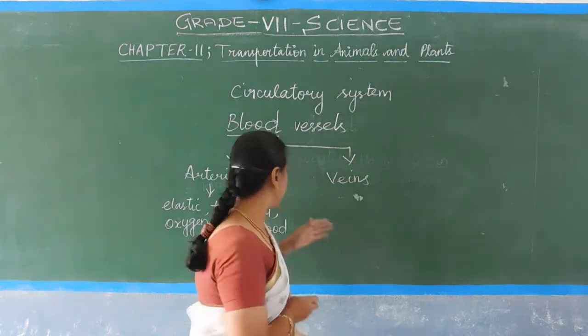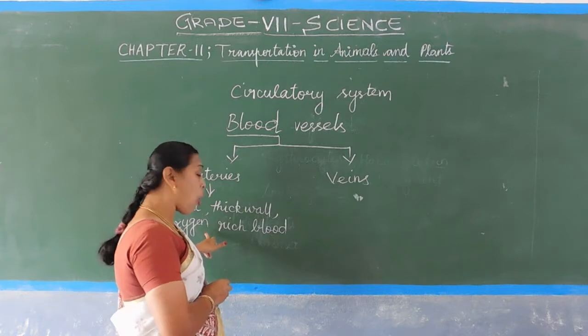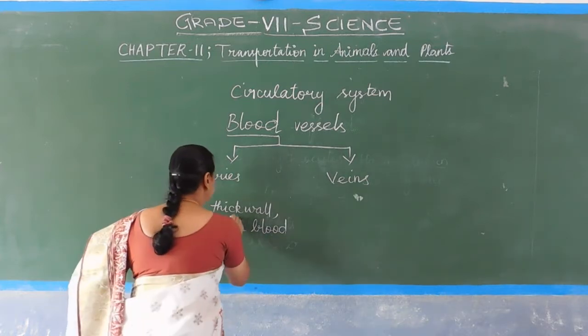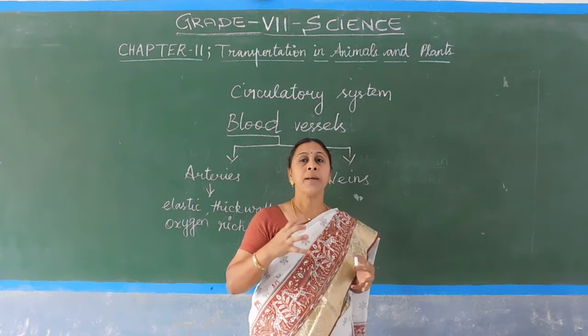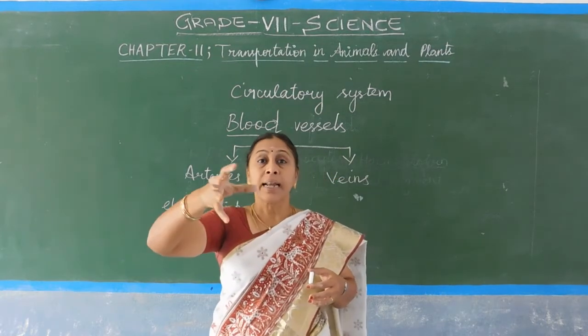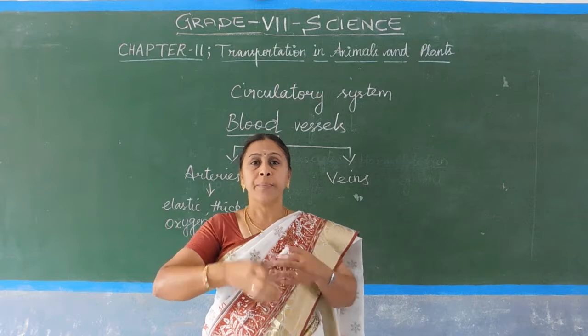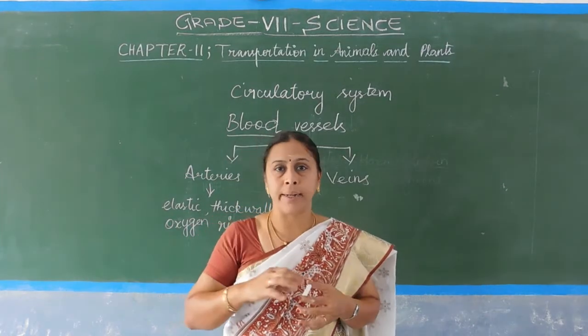So all these are carried by the blood vessels, and the arteries always carry the oxygen-rich blood. So from the tissues or from the lungs, it collects the oxygen. It mixes up with the blood and it is carried through these arteries.